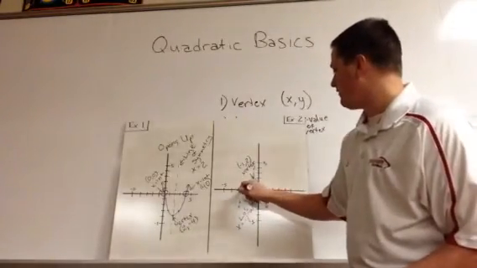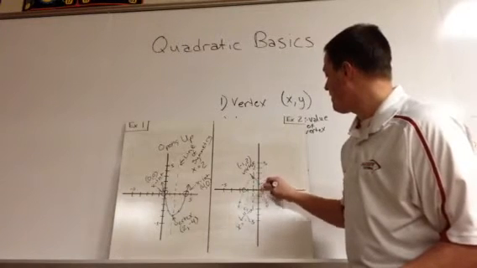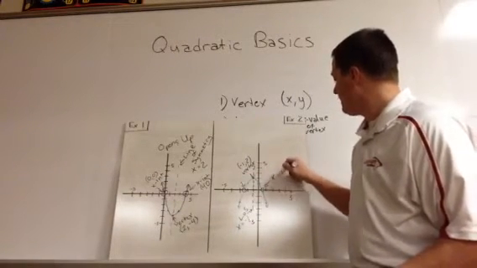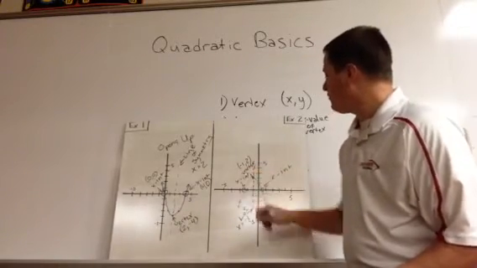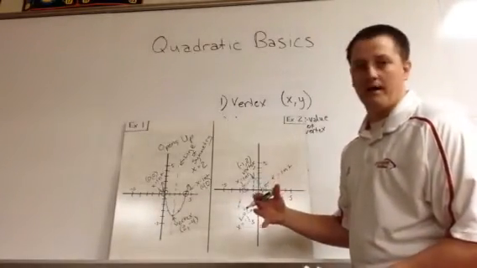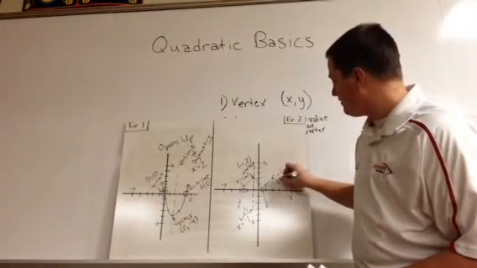We also have our x-intercepts. Now these x-intercepts don't cross at nice, easy points, so we have to estimate where they are. This one looks to be at (0.5, 0).